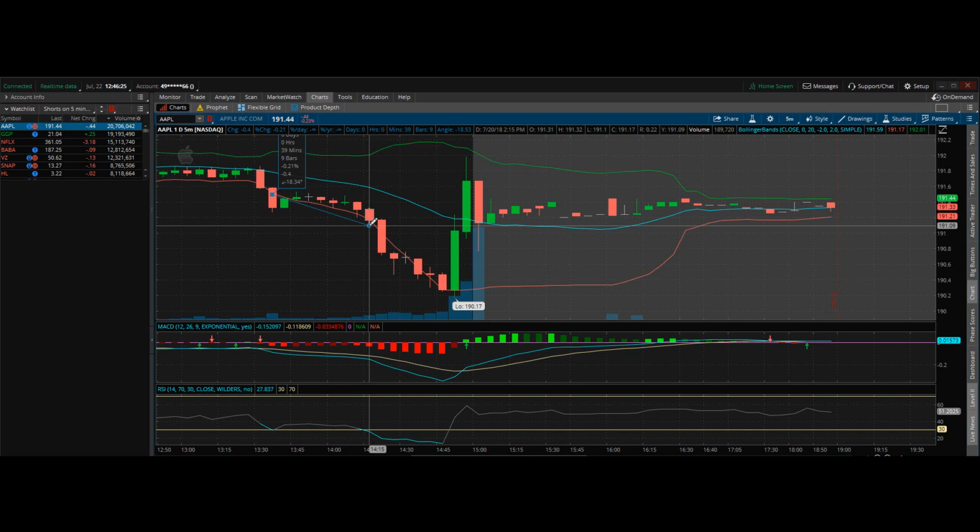You made, it says minus 0.4, so you made 40 cents per share right there. Right here, you made 75 cents per share, $1 per share. We'll take it all the way down to this low, $1.32 per share.